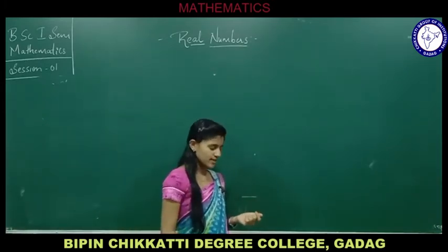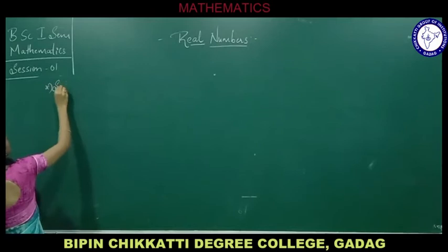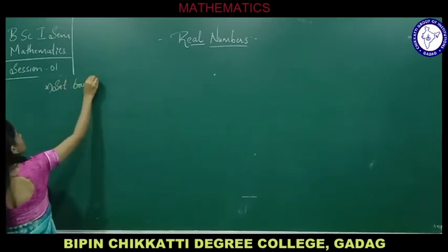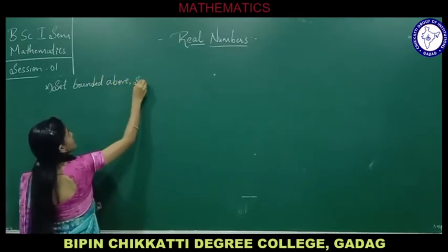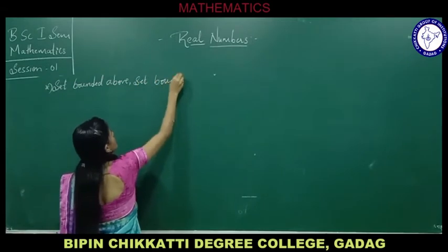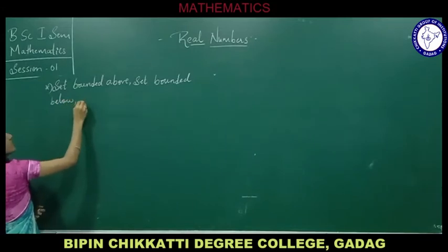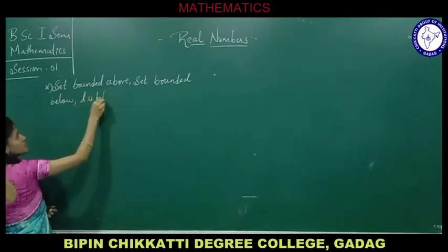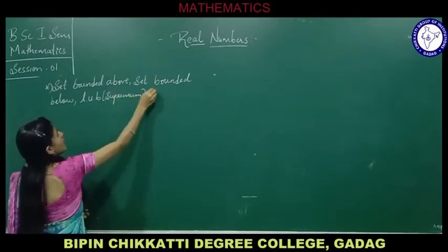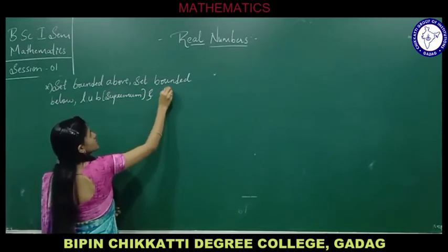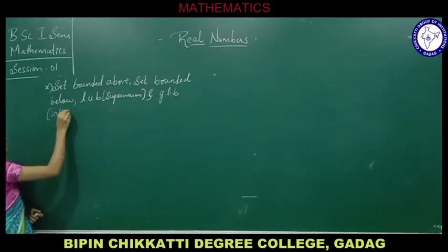Let us now define it. We are now going to study set bounded above, set bounded below, the least upper bound, which is also called the supremum, and the greatest lower bound, which is also called the infimum.